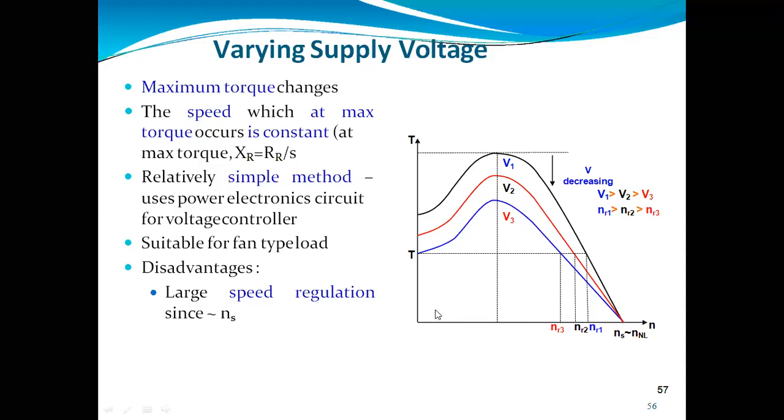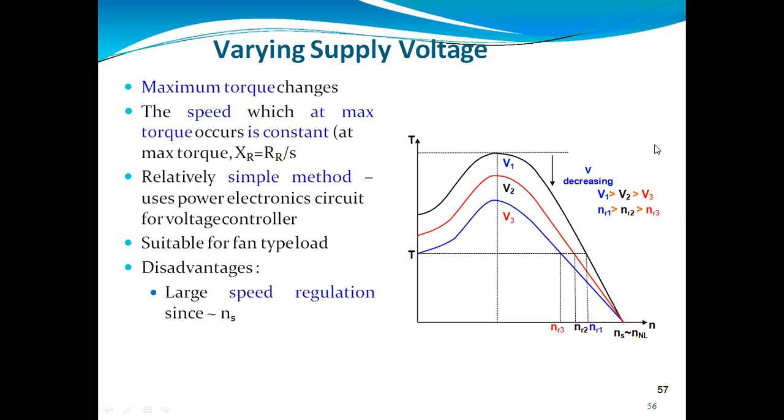On the x-axis, you are supposed to take the speed, and here you are supposed to study the supply voltage. So here you are supposed to vary the voltage. Here, the value of voltage is decreasing when we are increasing the time. It means frequency is decreasing.